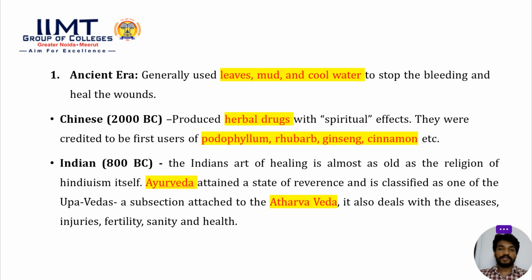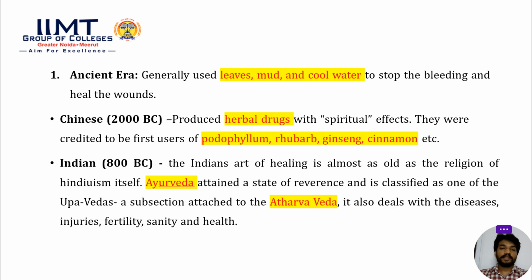So we will discuss about the ancient era. Generally used leaves, muds, and cool water to stop the bleeding and heal the wounds. Particularly in the ancient era, we particularly use leaves, mud, and cool water to stop the cuts and the healing of the wound. Healing of the open wound is done by the leaves, mud, and cool water.